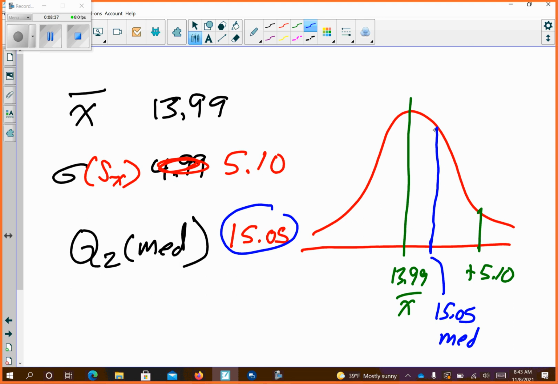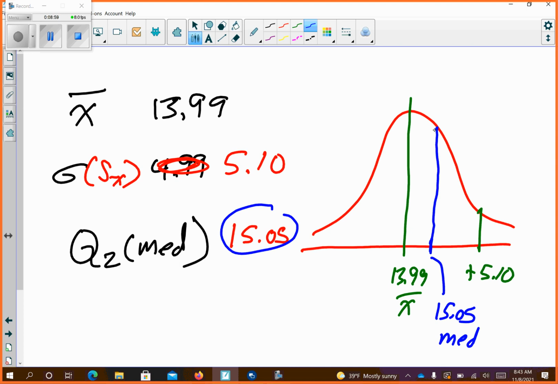If we left our normal curve graphed like that, that's basically what we're looking at. For it to be a normal distribution, the normal curve should have a median and a mean exactly the same. It's not. It's off by 1.06.